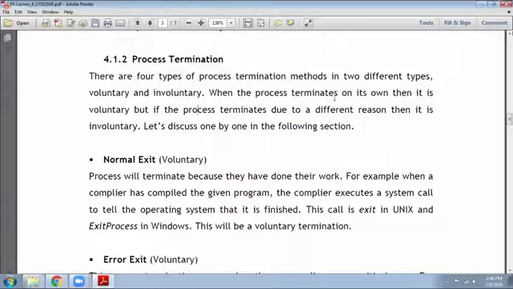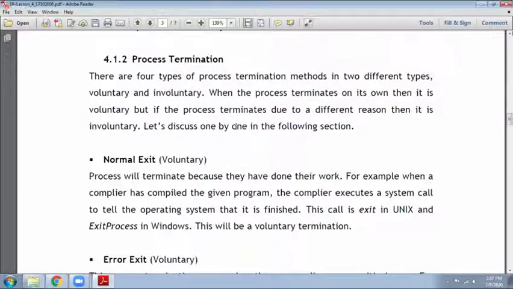So when the process terminates on its own, it is known as voluntary. But sometimes they are not stopping like that. We have to kill them or stop them. If the process terminates due to a different reason, then it is involuntary. I hope you got the meaning. If you don't understand, you can ask questions.